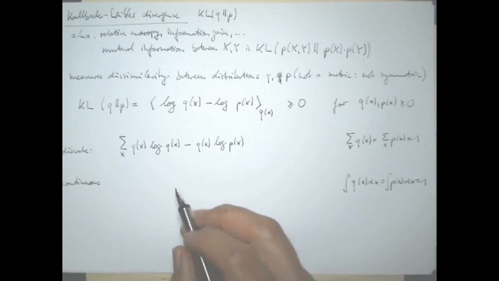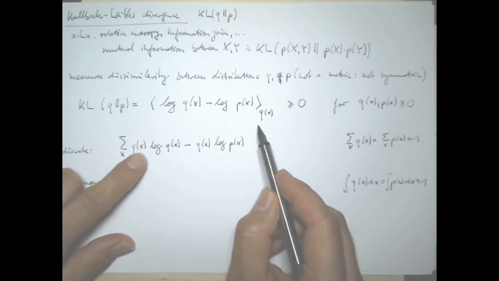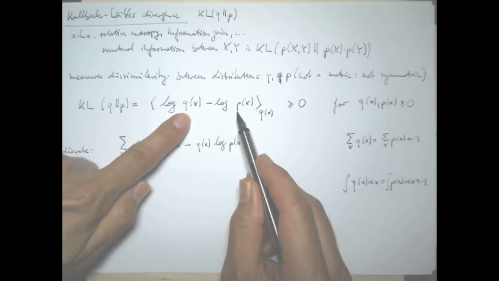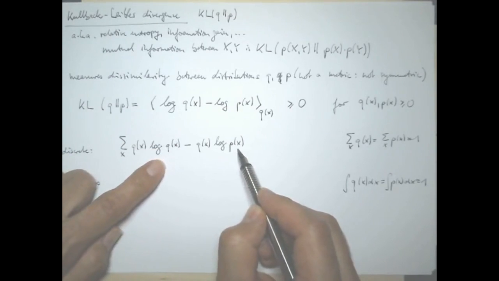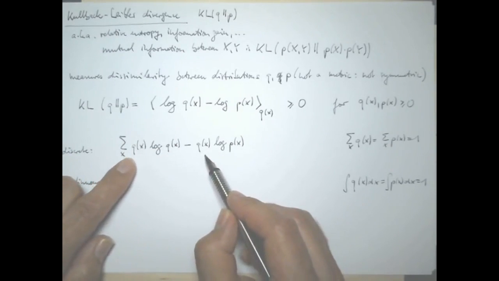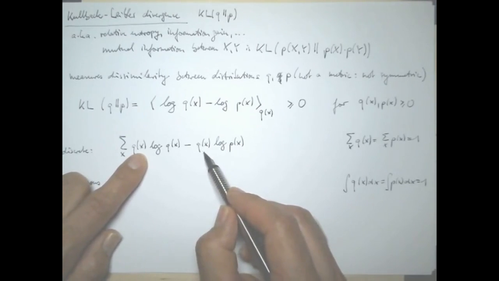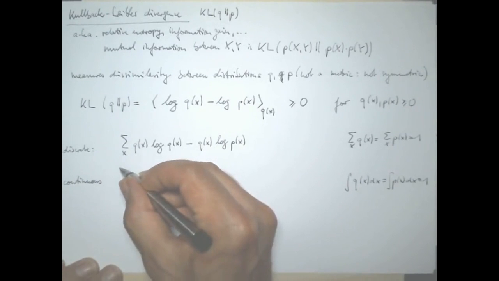Okay, and so you see here we had an expectation, and this is the definition of the expectation operator. So I take the function here, log q of x minus log p of x, and then I sum over all the possible values and I weight with this probability mass function. Or in the continuous case, I have an integral.